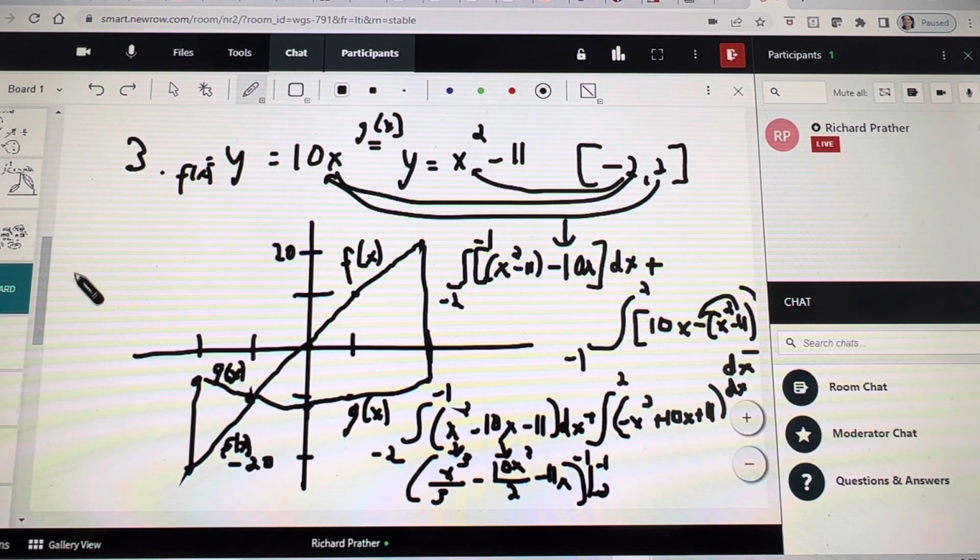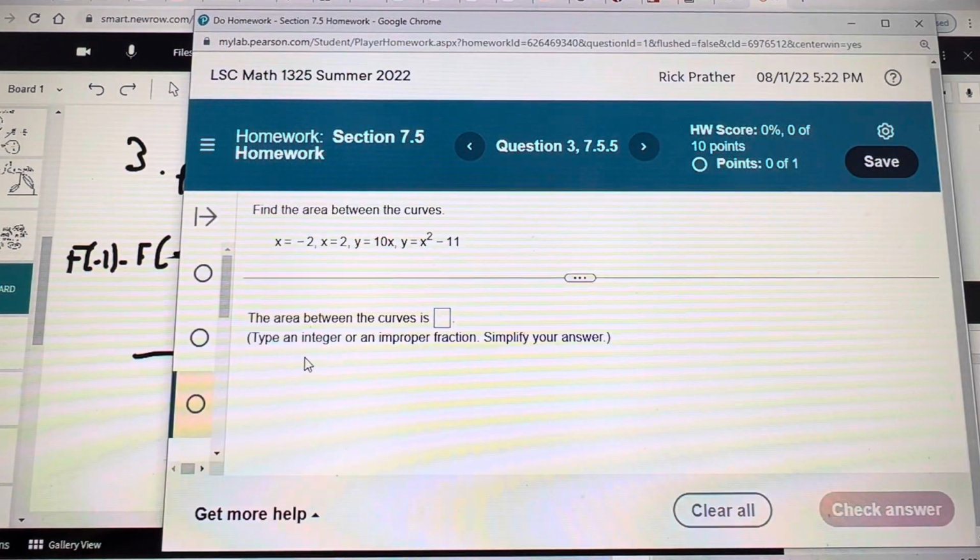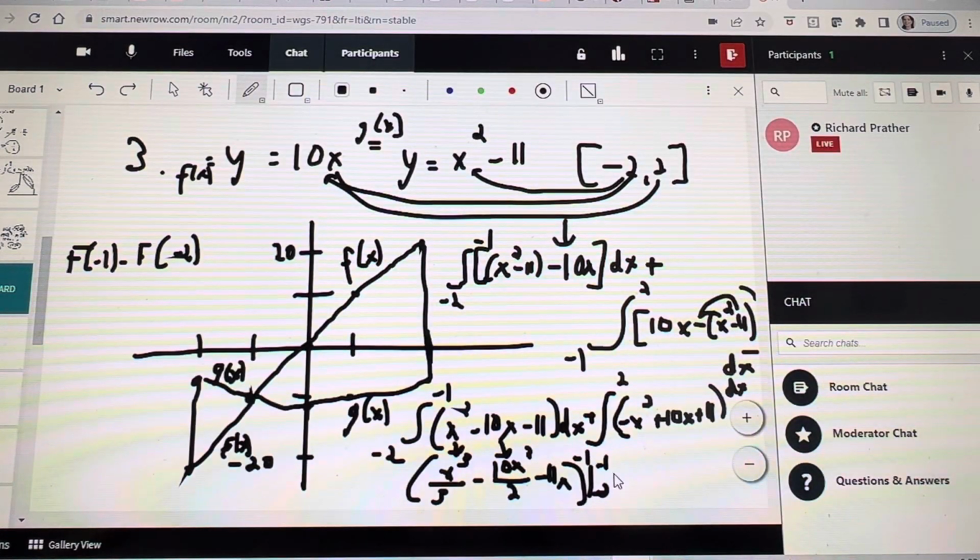So in that, I need to do big F of -1 minus big F of -2. And I don't think they want decimals here. Let me check. Yeah, see, integer or fraction. So definitely no decimals.